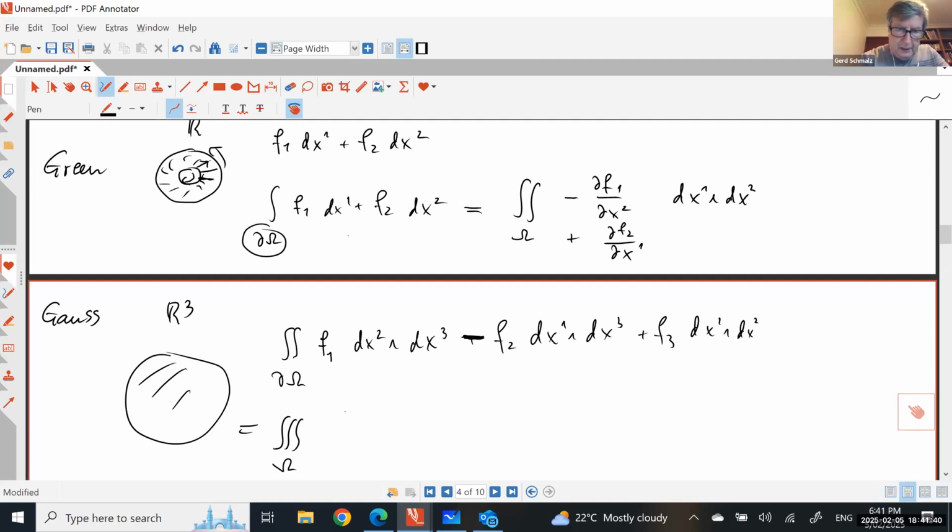So in this case, we have, of course, df1 by dx1 dx1 wedge dx2 wedge dx3. And from the second, we get a dx2 here. If we swap it with the dx1, that would compensate this minus sign. So plus df2 by dx2 plus finally df3 by dx3, so to speak.